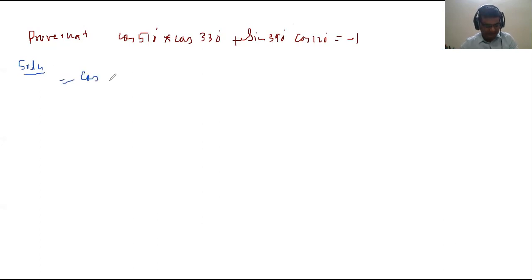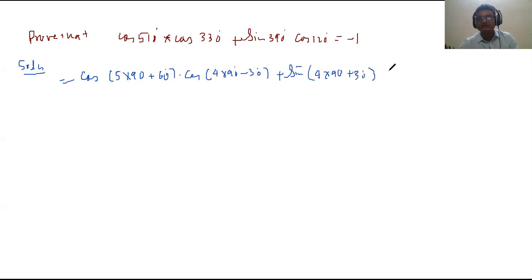Cos 510 can be written as 5 into 90 plus 60, into cos of 4 into 90 minus 30, plus sine of 4 into 90 plus 30, into cos of 180 minus 60.